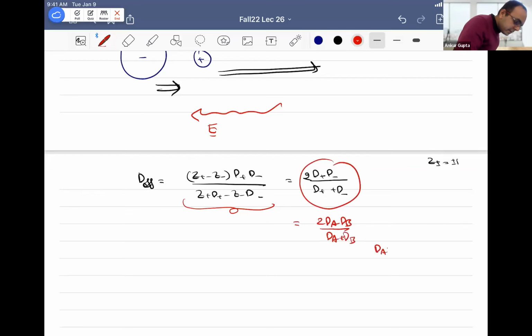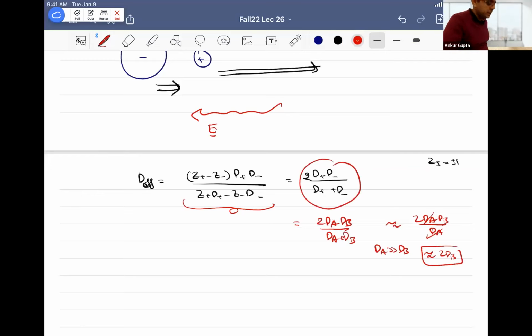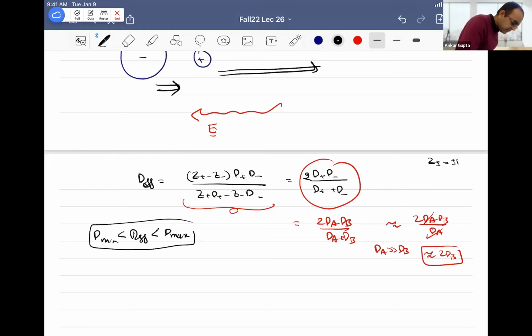And if dA is greater than dB, then this will become approximately 2 dA dB over dA, and dA goes away. So you get 2 dB, and this is the mathematical answer. But remember that D effective has to be between D max and D min. Just remember that.